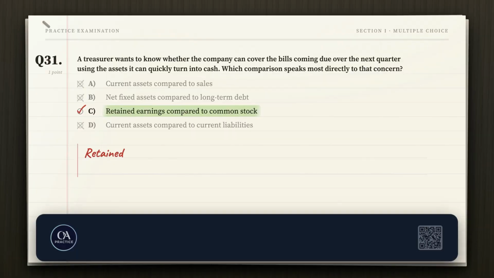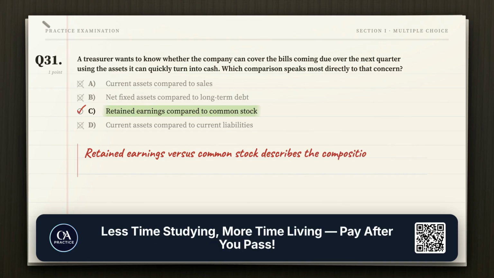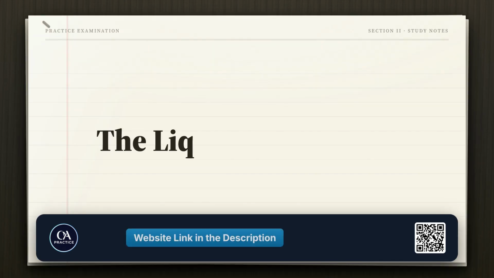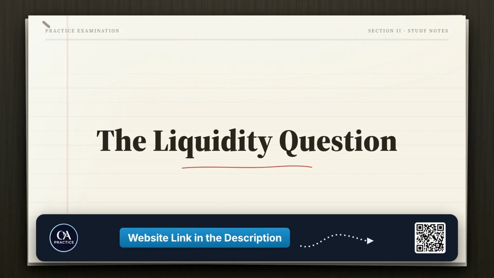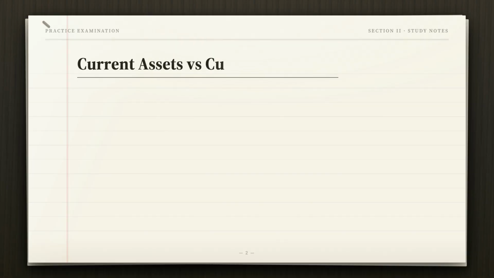C is wrong because retained earnings versus common stock describes the composition of equity and says nothing about covering near-term bills. Can a company cover what it owes soon using what it has on hand or coming in soon? That's the liquidity question, and it's answered one specific way, comparing current assets to current liabilities.